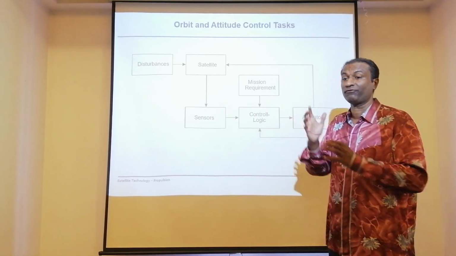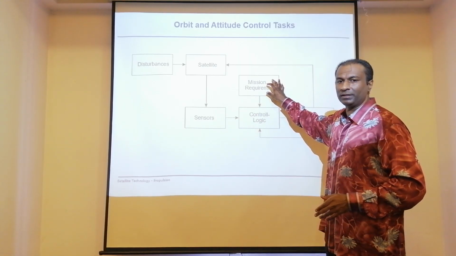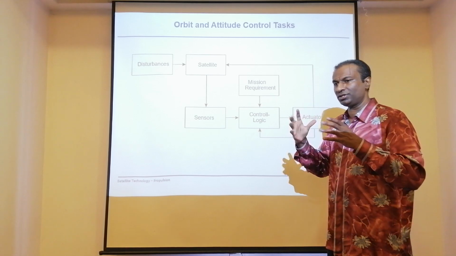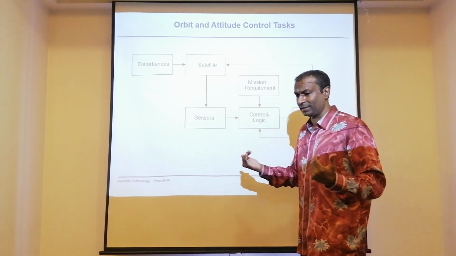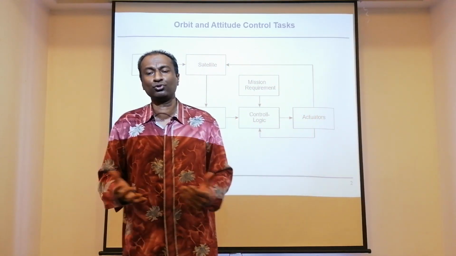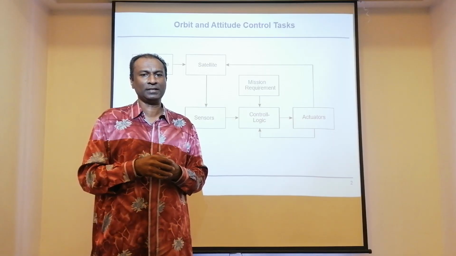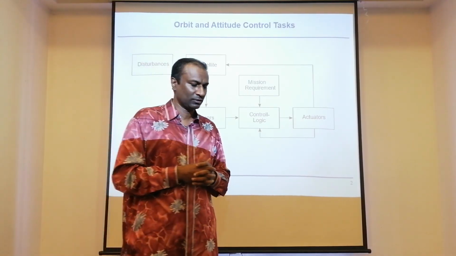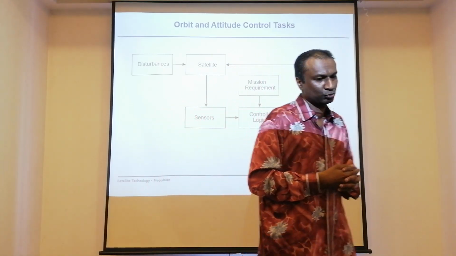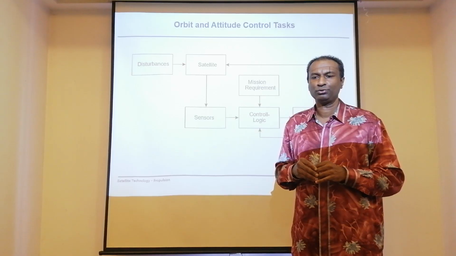Assume that we are supposed to fly in a particular orbit; then the mission requirement will be injected into the control logic. You just do the comparison, and then the system helps you to control. So the reaction wheel that we have studied, the momentum wheel that we have been exposed to, all these are going to help us with rotational motion.